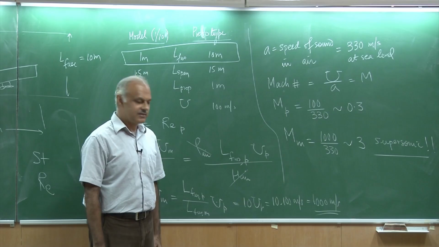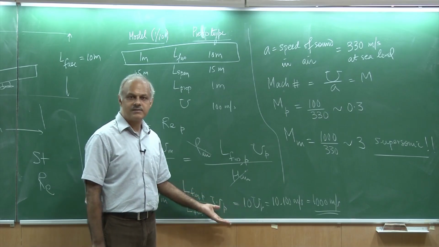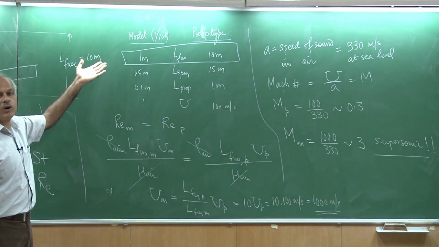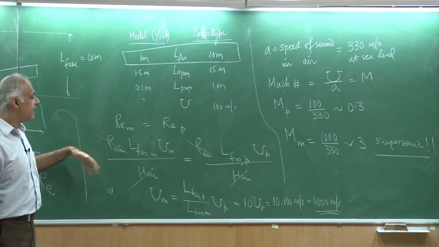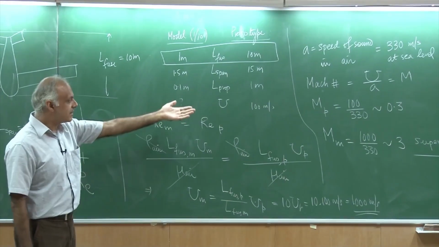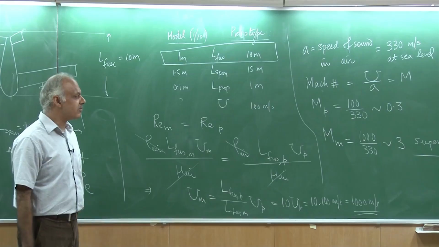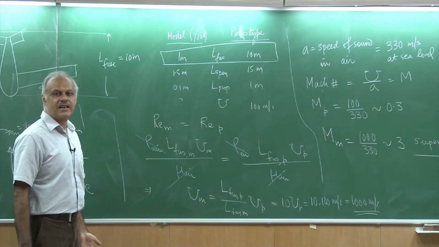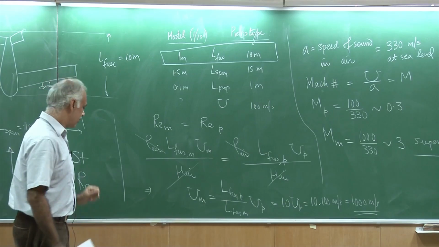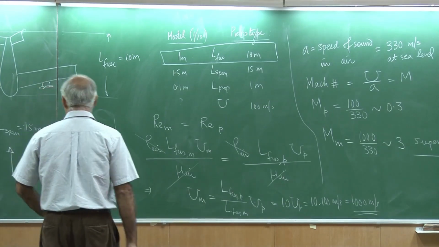So, this is undoable. It turns out that if I use a 1/10 scale model, I am unable to match my Reynolds number, because the Reynolds number requires a speed of 1000 meter per second, which I cannot have. So, how do I model? Good, there is a way out.